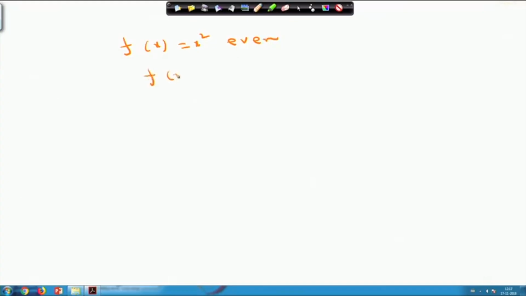So, there will be only terms of a_0 by 2 and a_n. So, f(x) can be represented as a_0 by 2 plus summation n equals 1 to infinity a_n, only the cos term will be there, cos of n pi x by L.